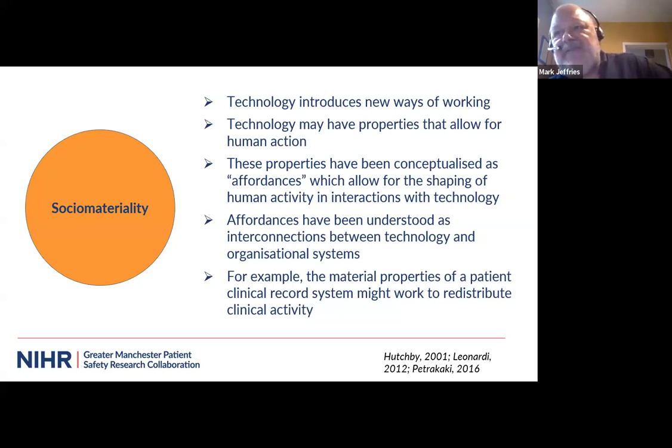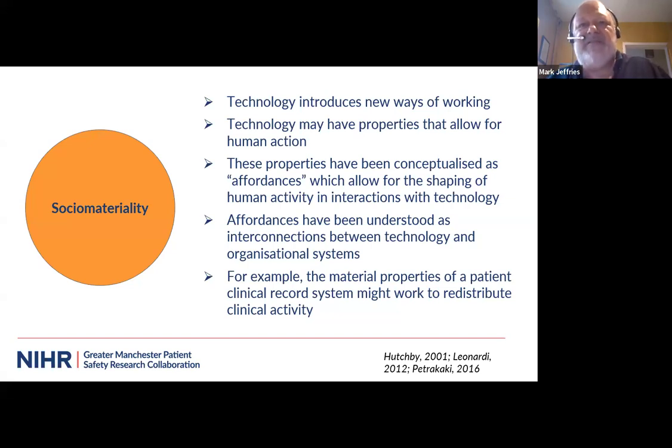So technology offers us what are called affordances, because there are bits of the material properties of it that, through interaction with human agents, allow certain things to happen and to come to be used. So the interconnectedness between the technology, organizational systems and people allows the possibility for that to shape human action and to be shaped by the different processes as well.